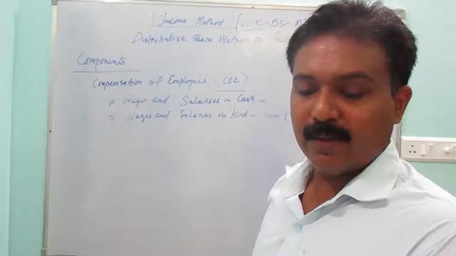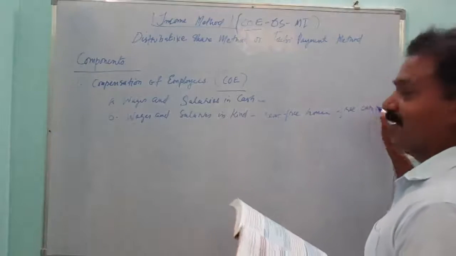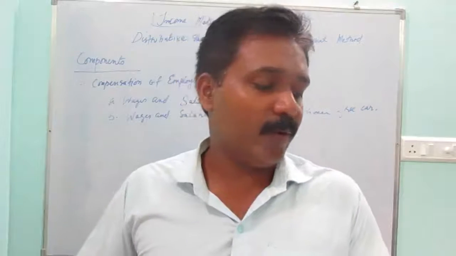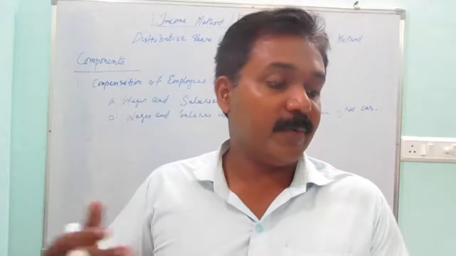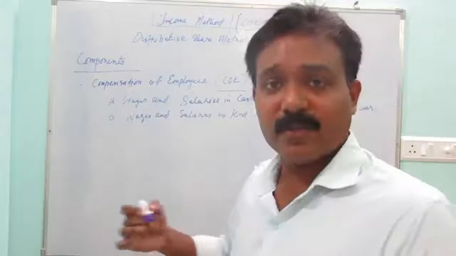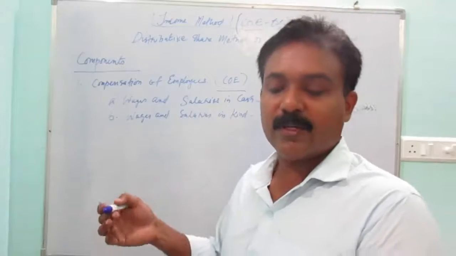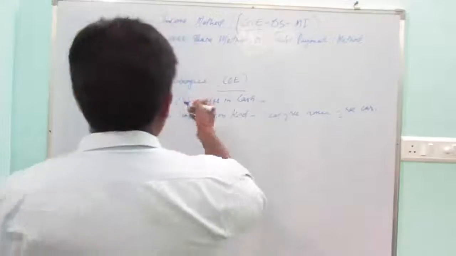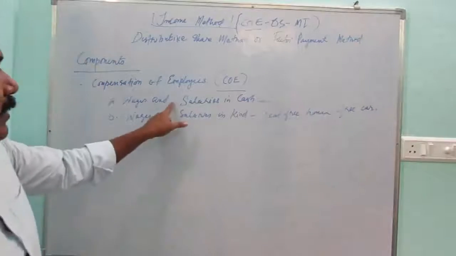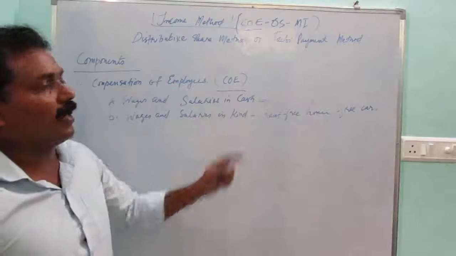A free car, it's not there, but companies provide free cars for their executive employees. Free medical and educational facilities, discounts for teachers' children. Other than the wages and salaries in cash category, we are also getting this part, wages and salaries in kind.